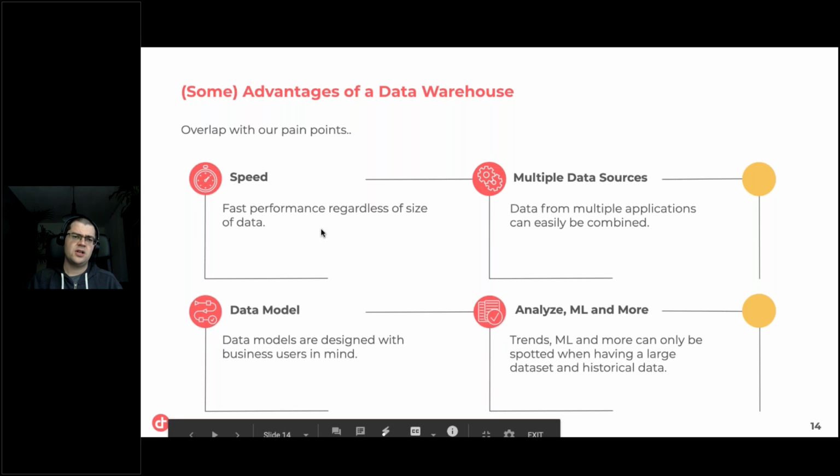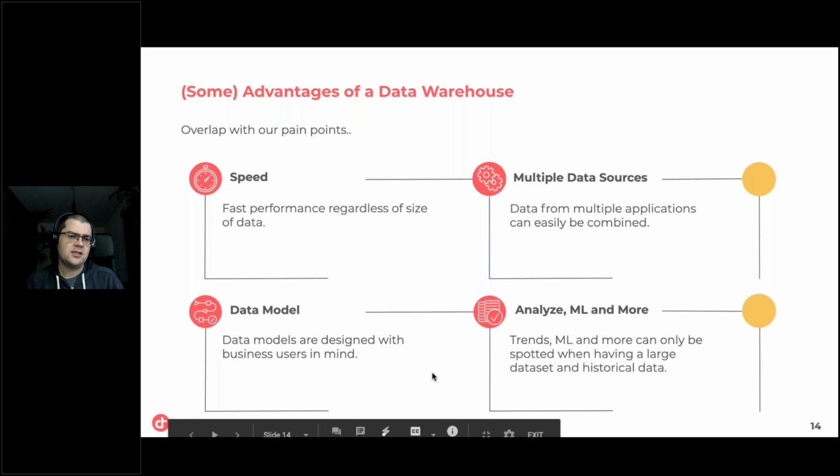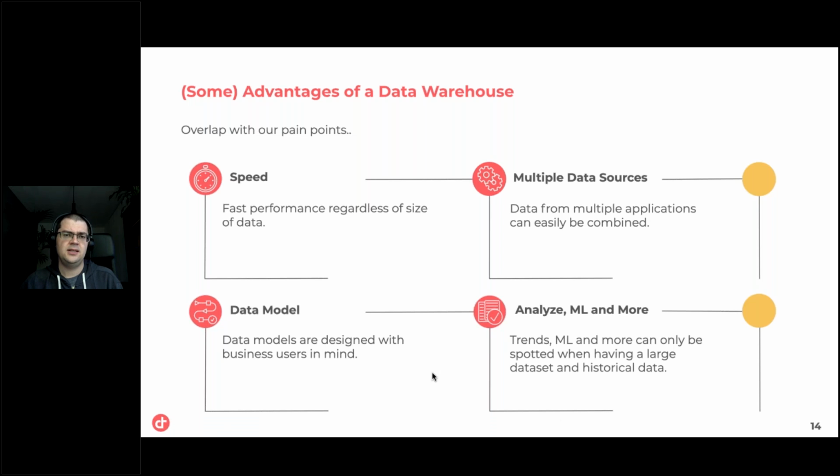Data warehouses are built for performance regardless of the size of the data. So you can query huge volumes of data without having really slow query speeds. Another advantage is the data model. You can design and build a data model inside the data warehouse with business users in mind.